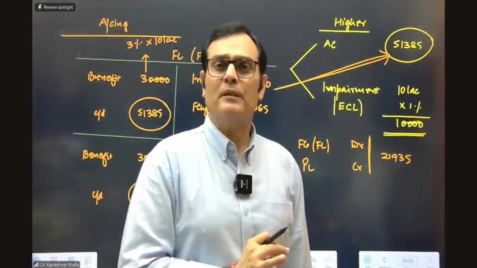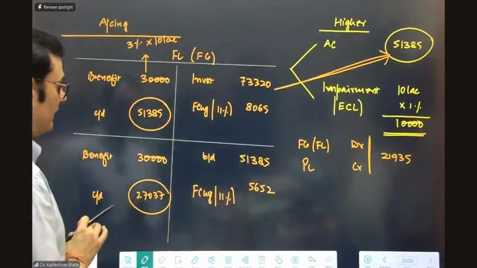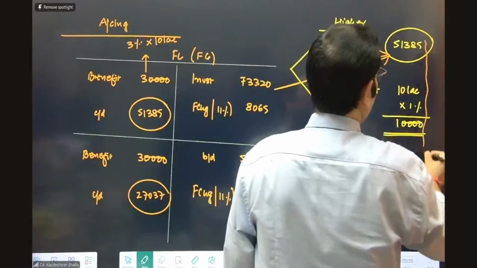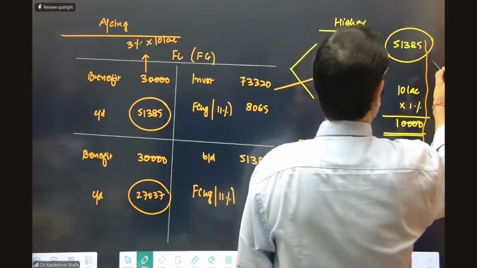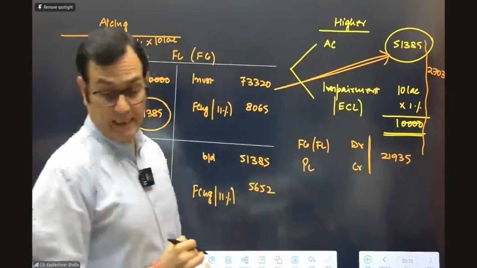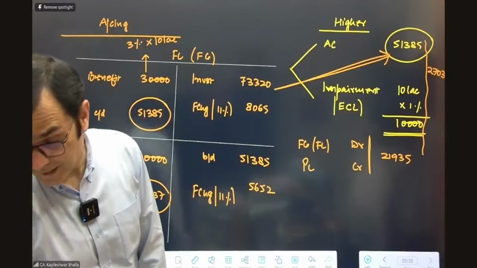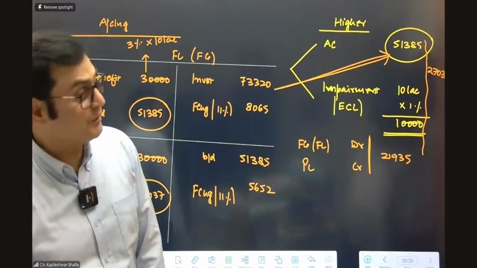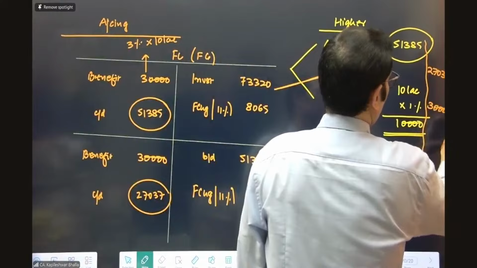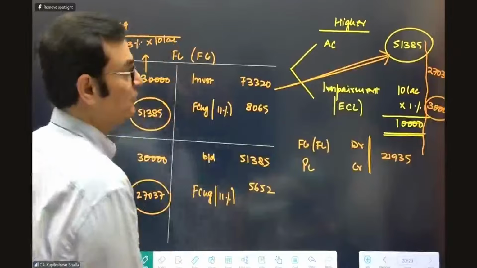Same exercise is going to be repeated at the end of the second year as well. So I think in the end of second year, let me make the calculations here itself. This is 27,037. And the probability of default, I think, is changed to 3%. So this will become 30,000. So you need to record at the higher of the two.